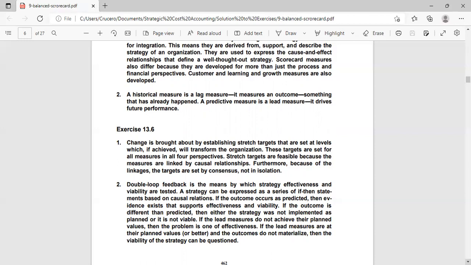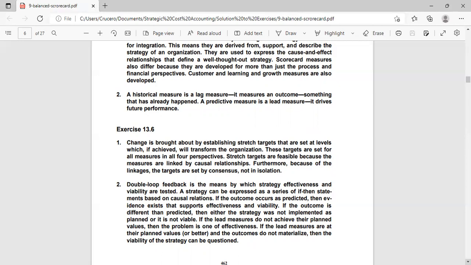So double loop feedback is now in explain how performance evaluation is used to assess the effectiveness and viability of an organization's strategy. Double loop feedback is the means by which strategy, effectiveness, and viability are tested. A strategy can be expressed as a series of if-then statements.